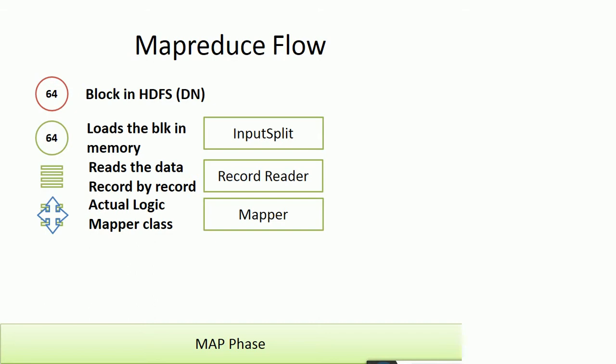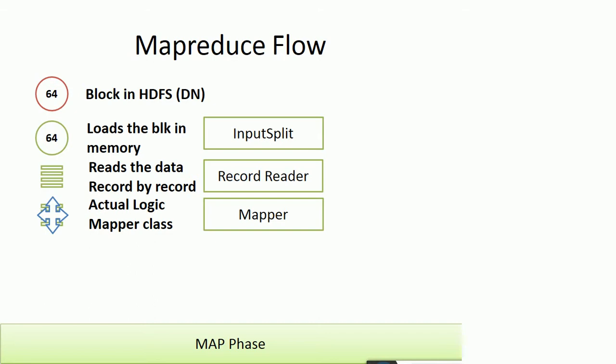The mapper is the actual logic, what exactly you need to do with that particular data. So the record reader reads one record and passes it to the mapper, reads another record and passes it to the mapper. This is what the record reader is doing. Now in the mapper, whatever logic is there gets implemented. The important thing to understand is that MapReduce handles the data in the form of key value pairs.